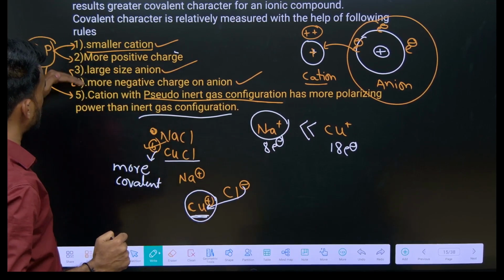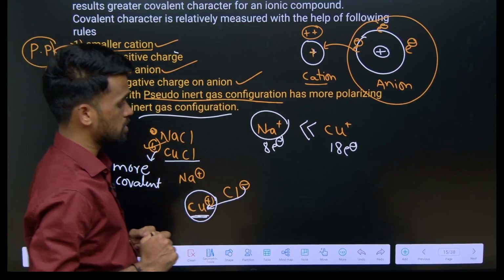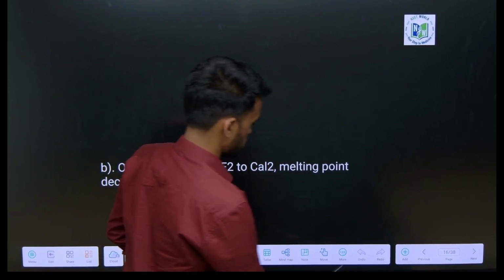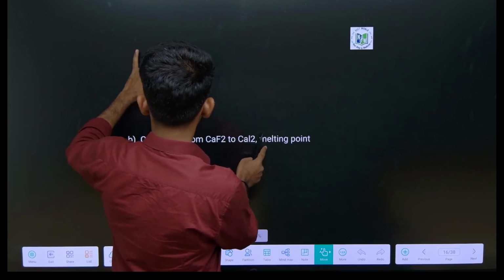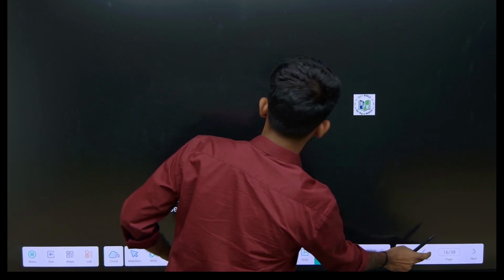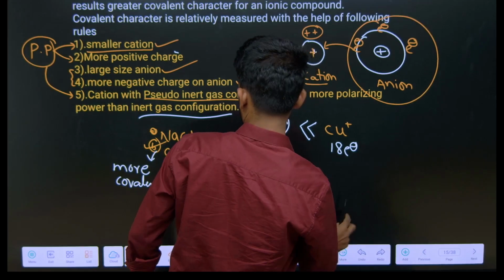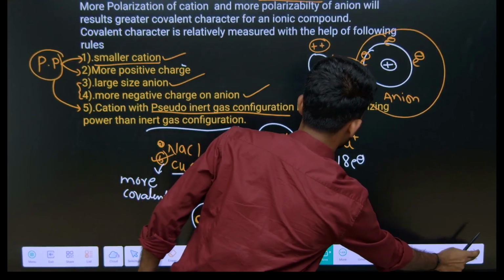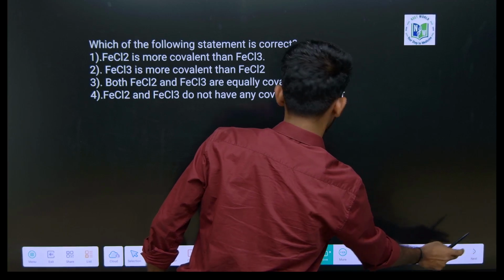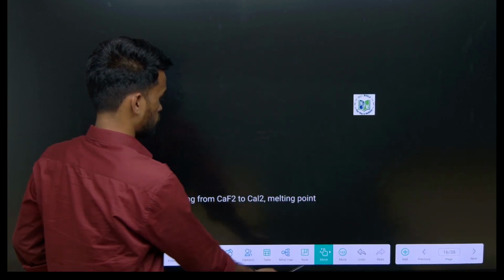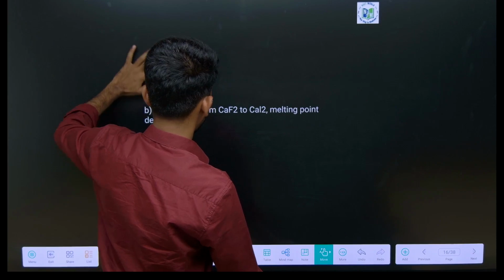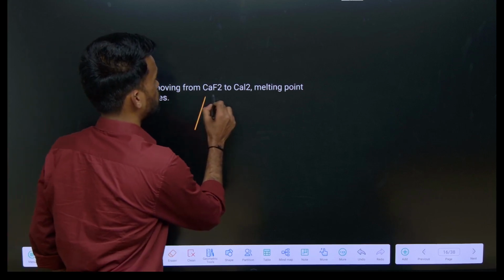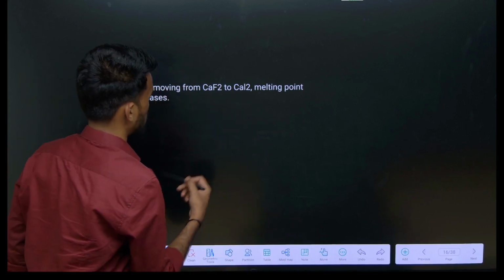So now let us look into these first 4 points with some examples. Let us say second group halides, I mean calcium halides.